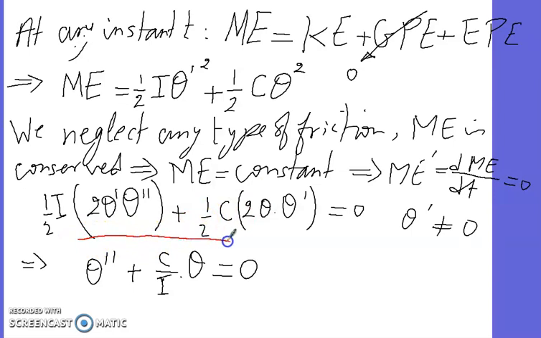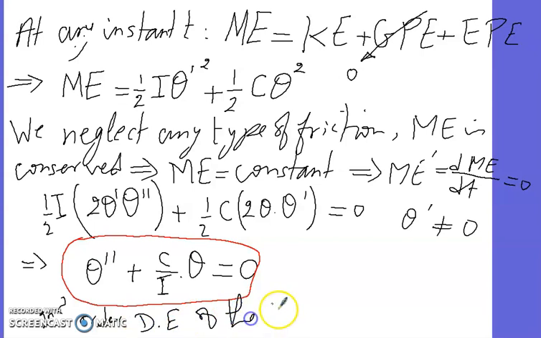Theta is the function, clear, because theta varies with time. And theta double prime is the second derivative of this function. So this is what? This is a second order differential equation. Second order differential equation of the form.